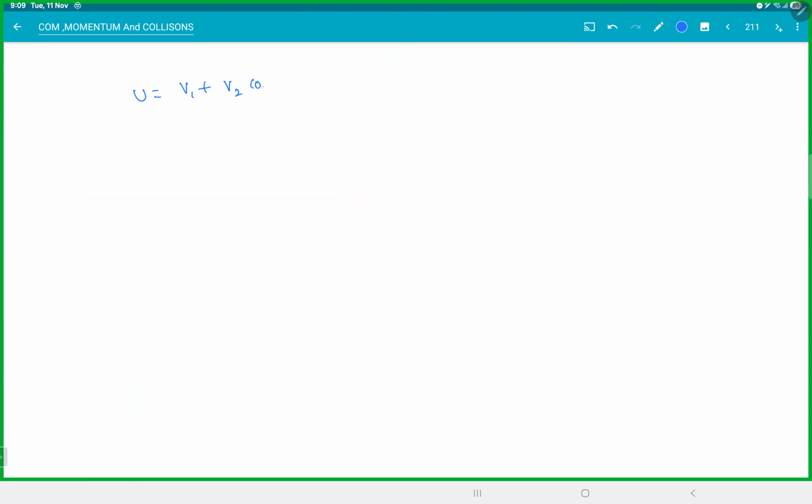So u is equal to v1 plus v2 cos 30. Second thing will be v2 minus v1 cos 30 is equal to e u cos 30. Great. So v2 will be v1 root 3 by 2 plus e u root 3 by 2. Take this, substitute here.